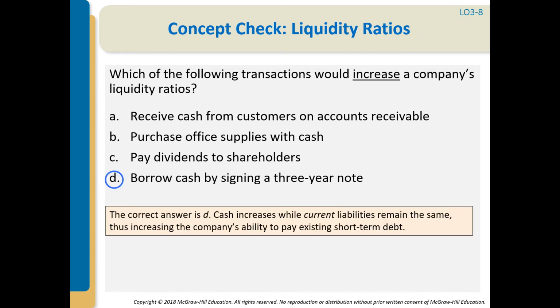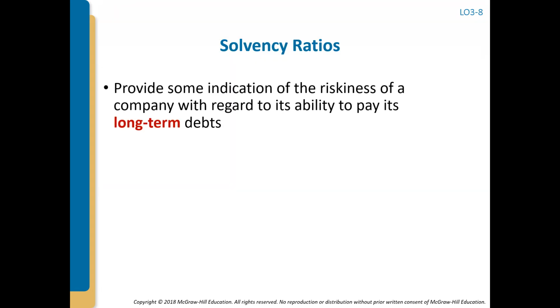So the second one, solvency ratios. It means how solvent we are. If we have more liabilities than the stockholders' equity, it means that we have a problem in solvency. Or if we have more fixed expense commitment than our net income, then we have solvency problems.